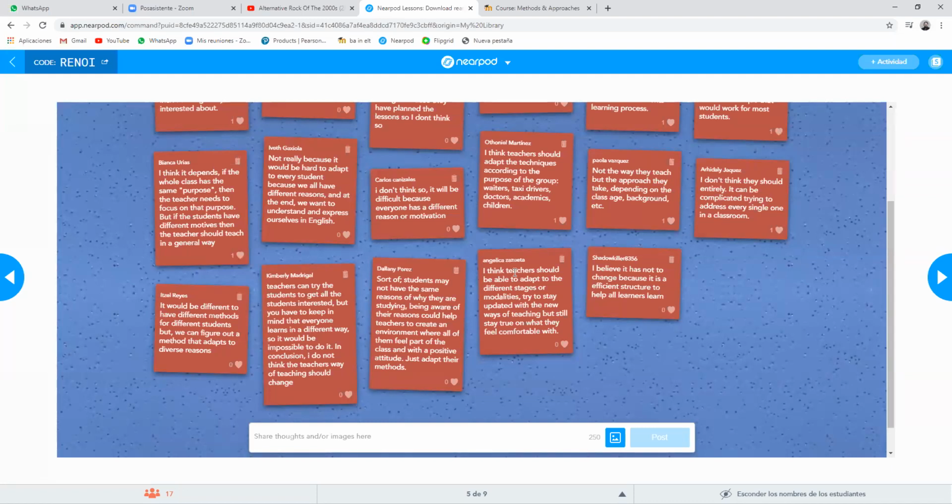So what they're saying is, why don't we adapt our way of teaching to the student? Okay. But like I said, it's complicated, because we have so many students with so many different motivations. But we can try to find that balance. That's why I said methods are rigid, but our approach in general should be more flexible.